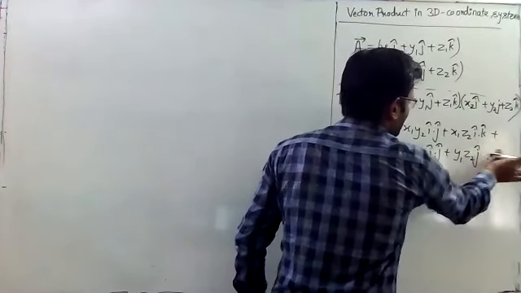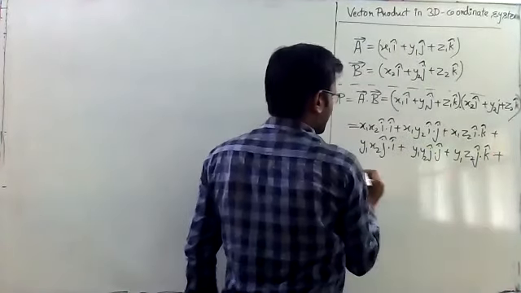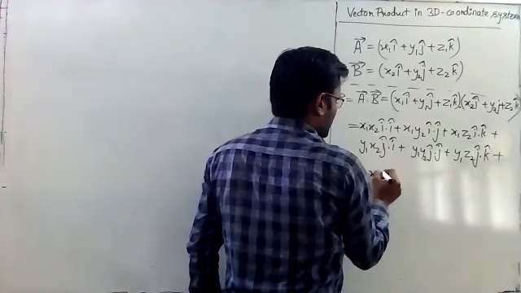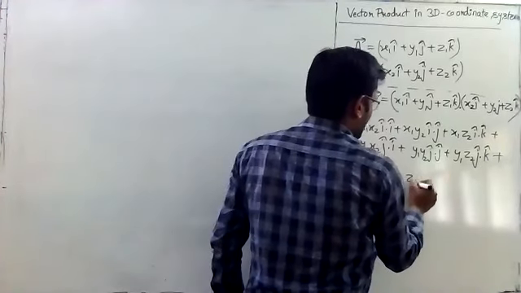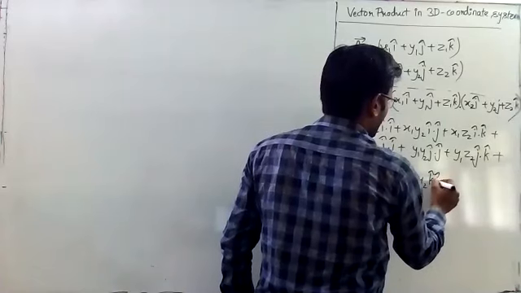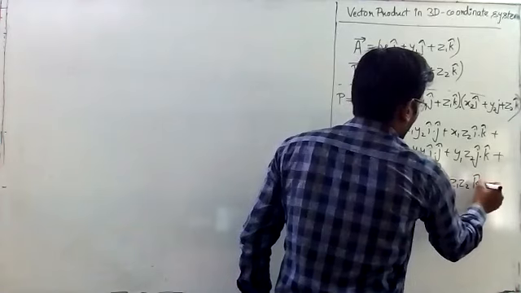Plus the third and last term, that is z1 x2 k dot I plus z1 y2 k dot j plus z1 z2 k dot k.